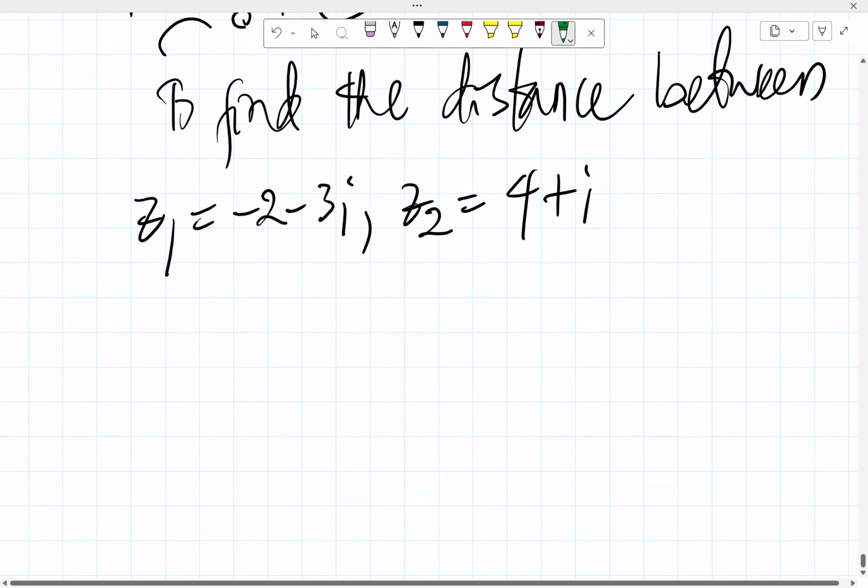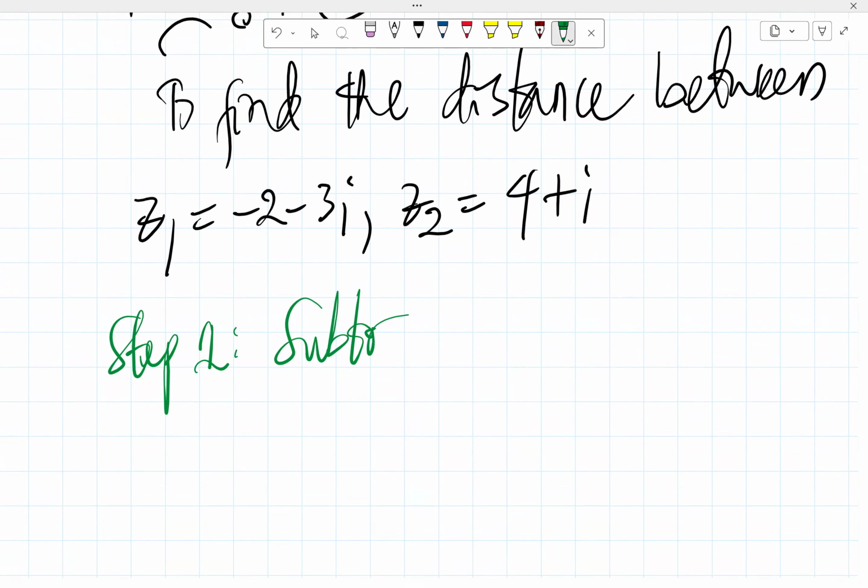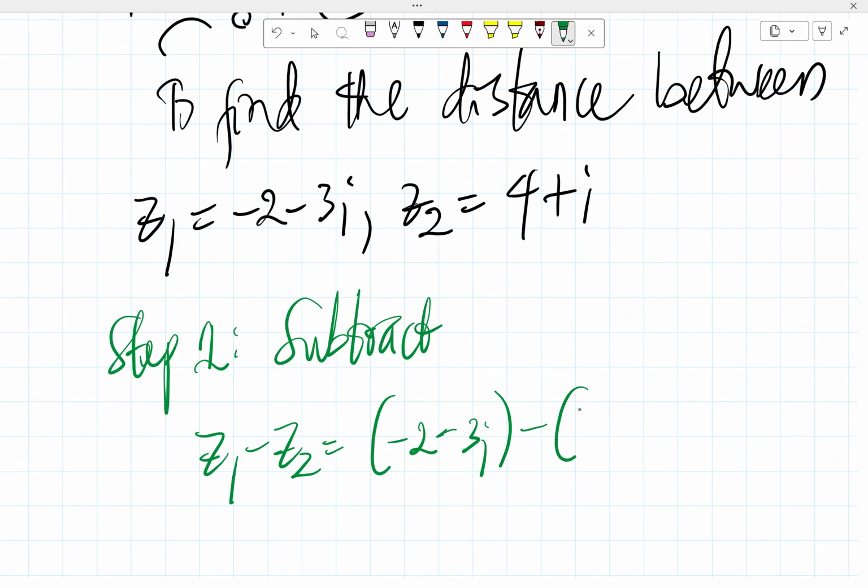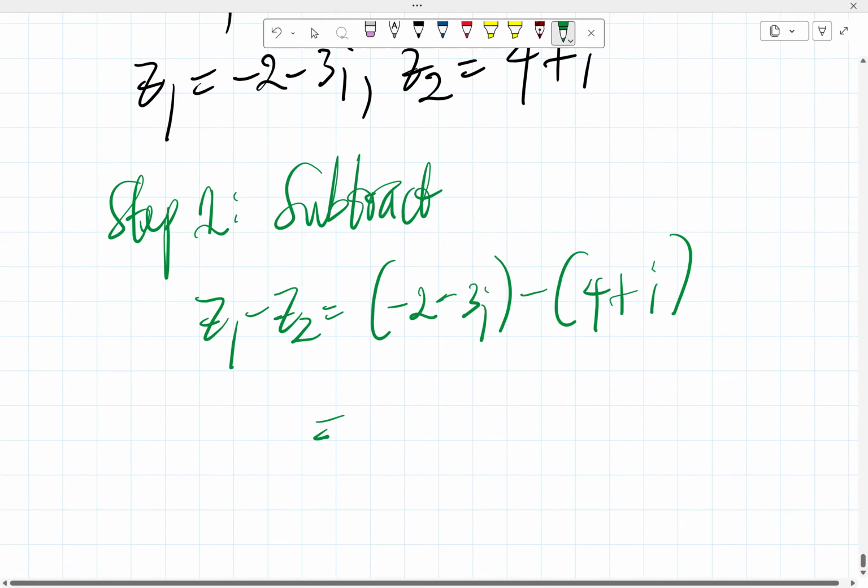So step 1, we subtract, because we need Z1 minus Z2, that is minus 2 minus 3i minus 4 plus i. That means we have minus 2 minus 3i minus 4 minus i.